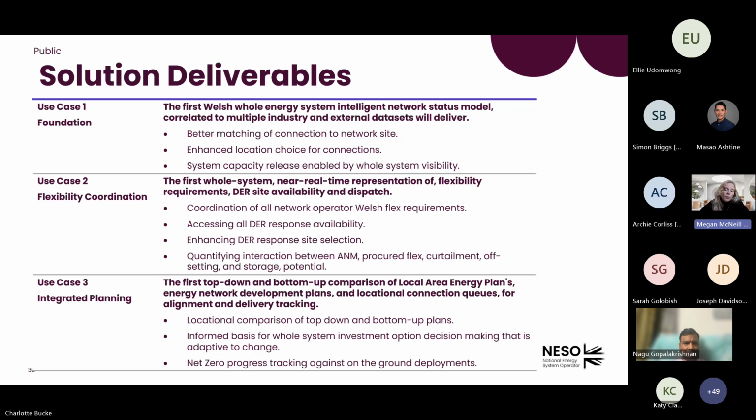And then the third challenge, which feeds into use case 3. Archie's talked a lot around the energy plans and what NESO are doing in that space. But use case 3 is about how industry can view all of these plans: the RESP plan, the local energy plans, as well as the more strategic top level energy plans.